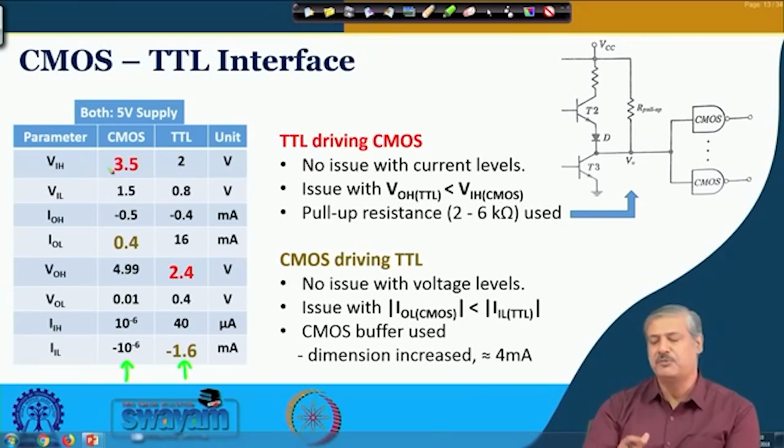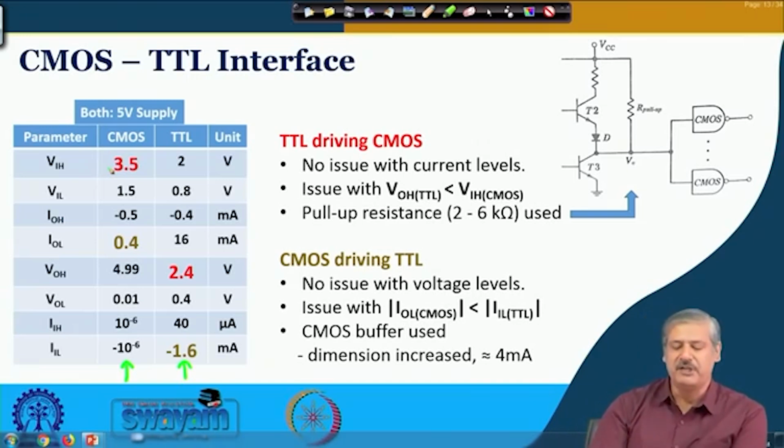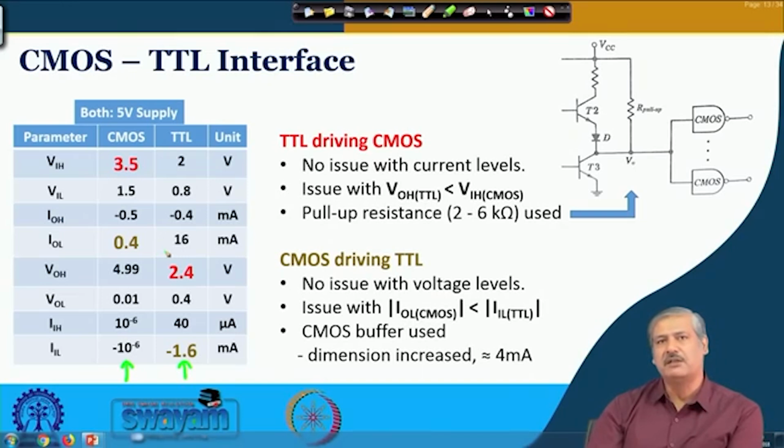We are comparing because both need to have the same 5 volt power supply for compatibility. So 5 volt is what we are considering here. So this is higher, and that is the only problem.